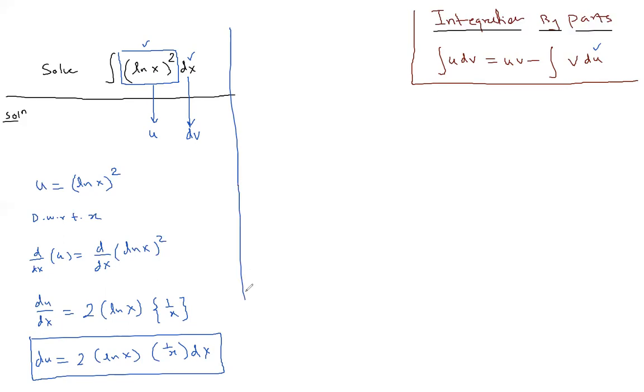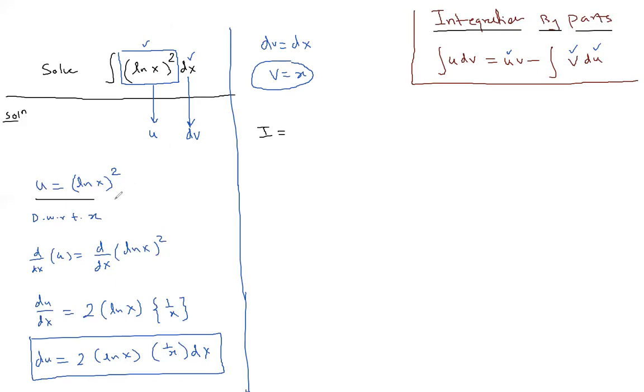Once I find that du, next we know dv is the same as dx. That means v has to be x. So I have v as well. See, I already have du, I have v, I know what u is. So now I can use that formula. Therefore, the integration by this formula is u times v.